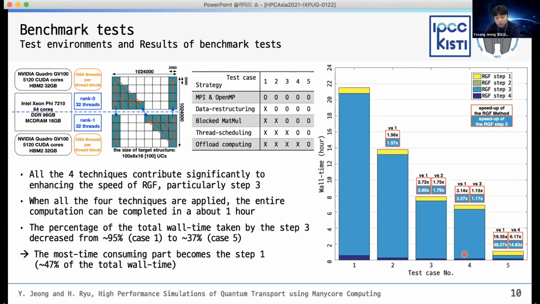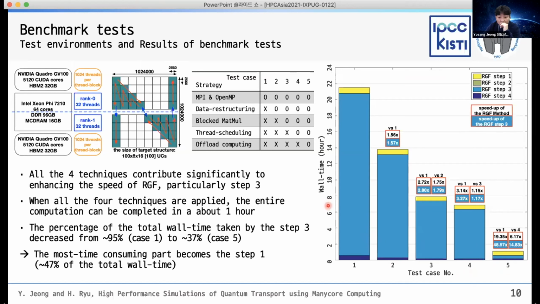The acceleration driven by GPU computing becomes more remarkable in step 3, where the wall time turns out to be reduced by a factor of 14.83 compared to case 4. So all the 4 techniques contribute significantly to enhancing the speed of RGF, particularly step 3.